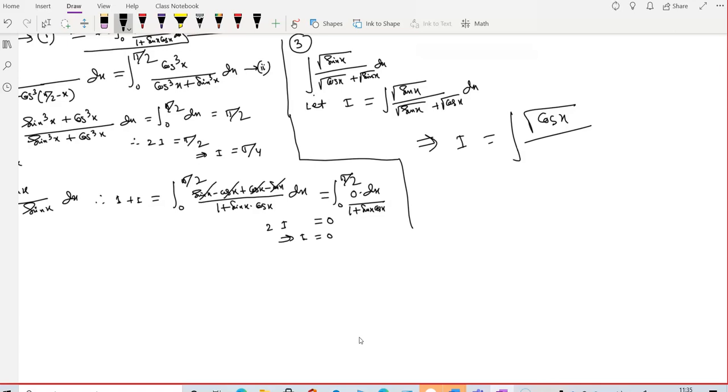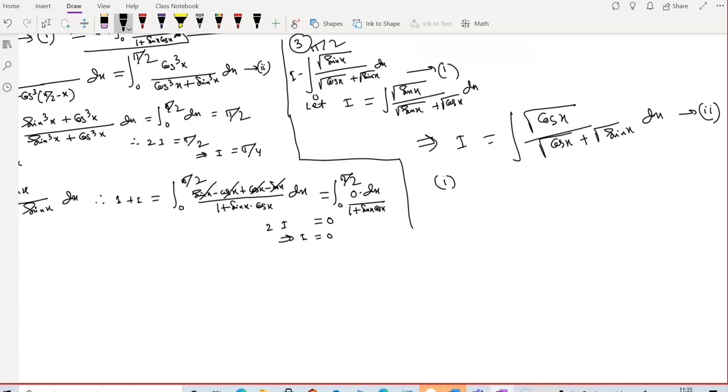Oh sorry, I forgot to put the limit. It is definite integration, definite limit should be there. Root cos x by root cos x plus root sin x dx. Then this is your number 1, number 2.